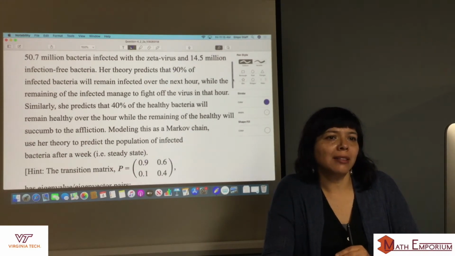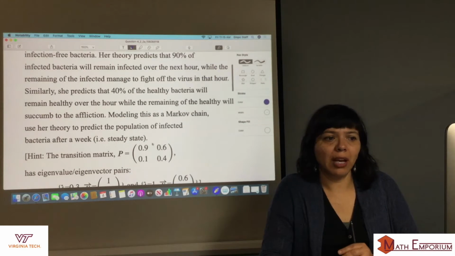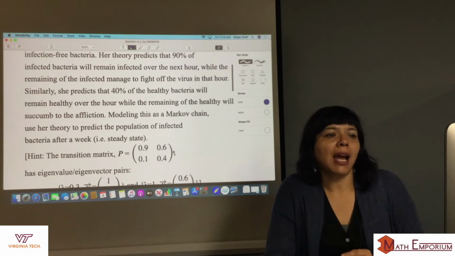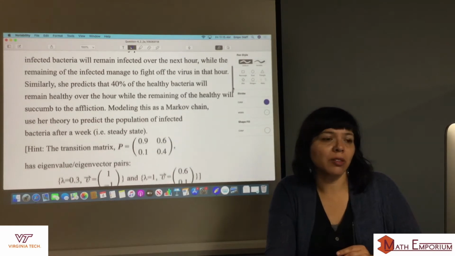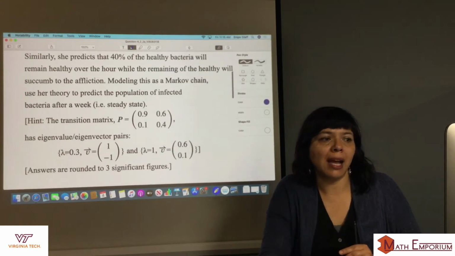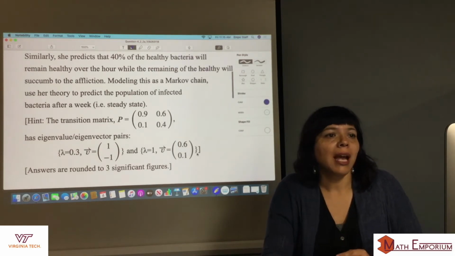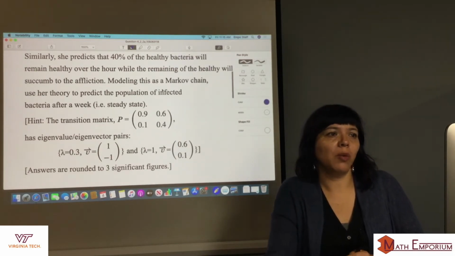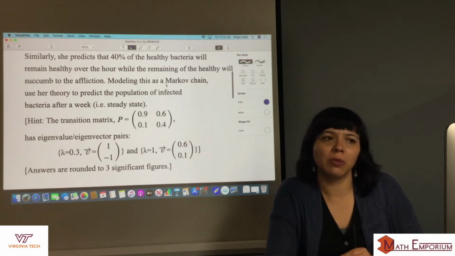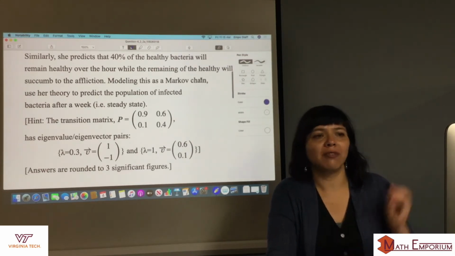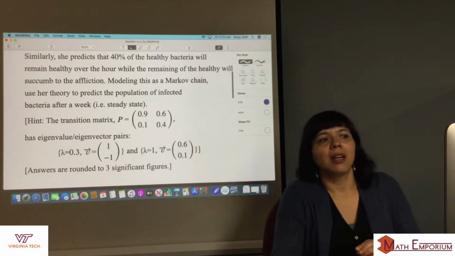So this problem already tells you how to set it up with the transition matrix, so that is given. And in this problem, they also do the work of computing the eigenvalues and eigenvectors, the corresponding ones. And once that you have all of this information, the question is telling you, okay, consider this as a problem with an emphasis in the Markov chain.